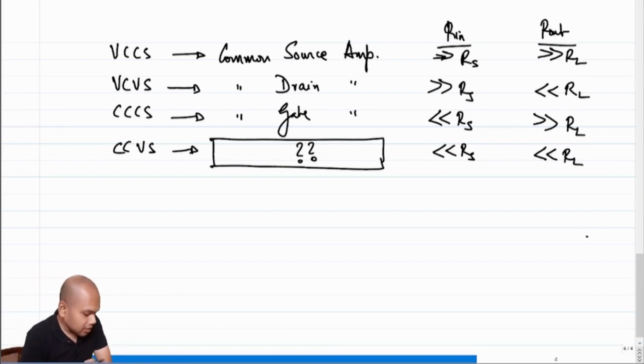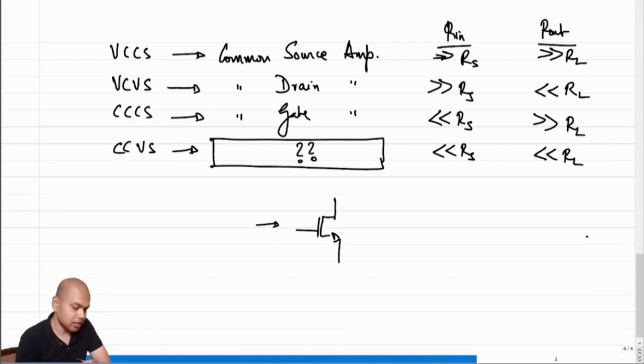As it turns out, if you just simply take a transistor, let's quickly run through why we could do the other three topologies by simply connecting the sources and the loads at certain terminals. We were able to do so because the transistor has 2 high impedance nodes and 1 low impedance node, right?